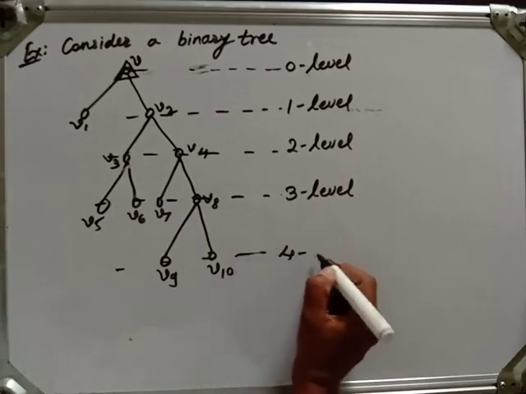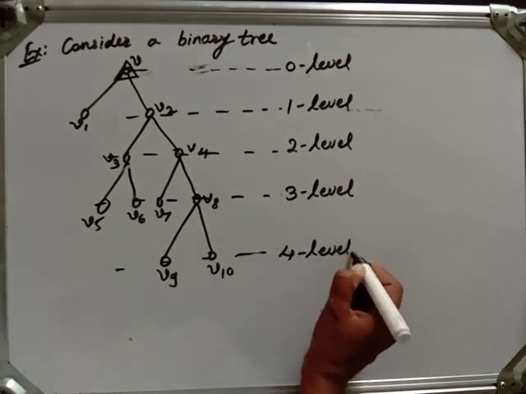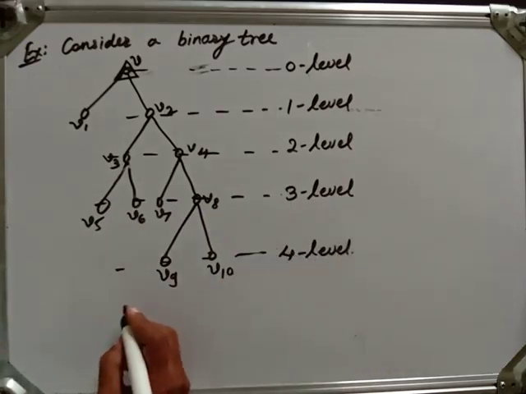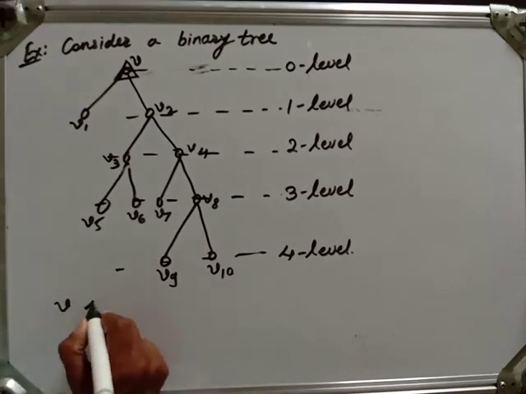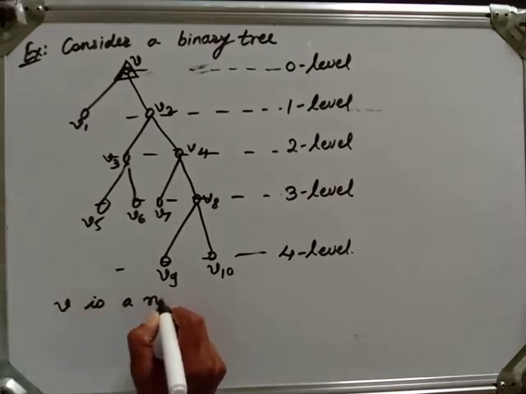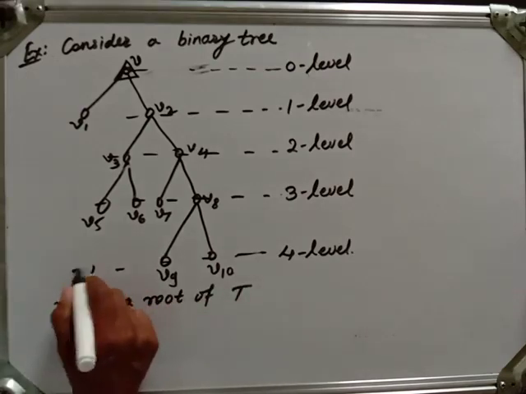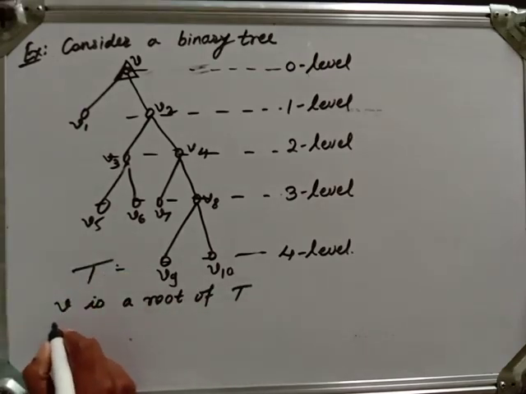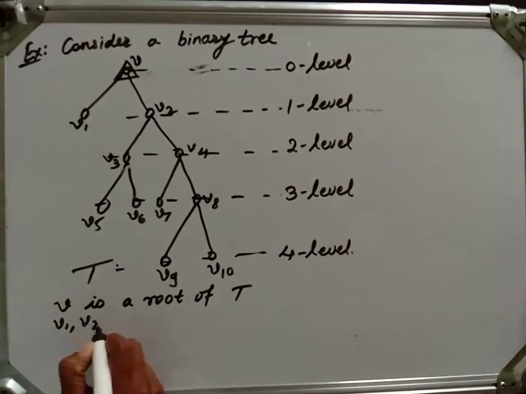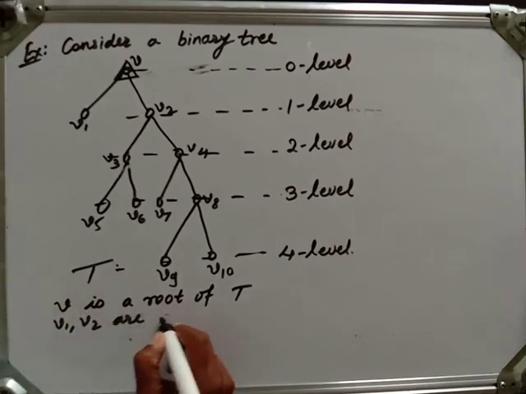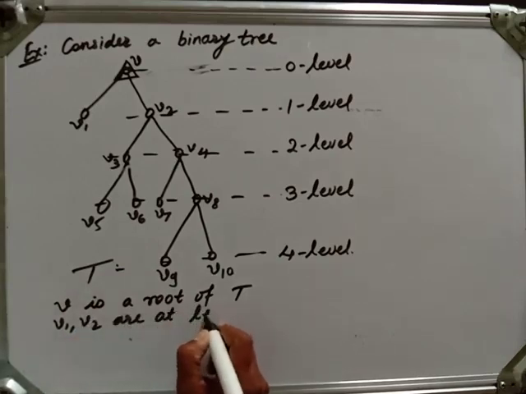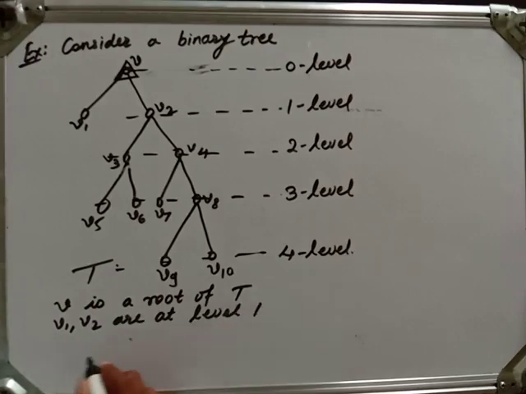This is the level of a binary tree. Here V is the root of this tree T, right? Then V1, V2 are at level 1. Fine.